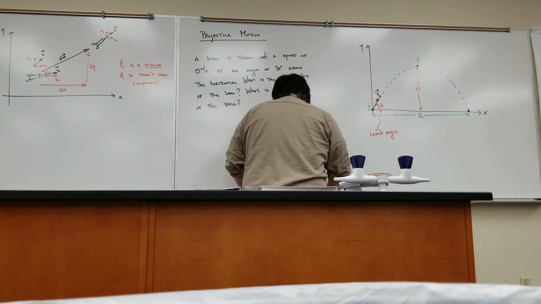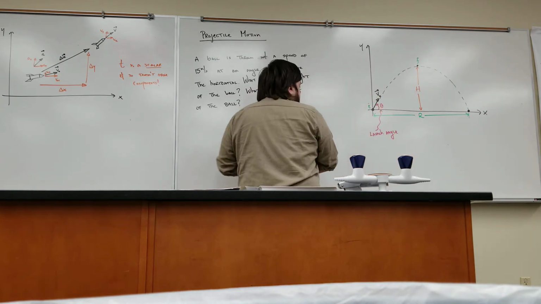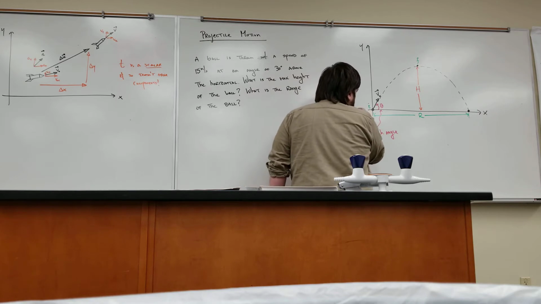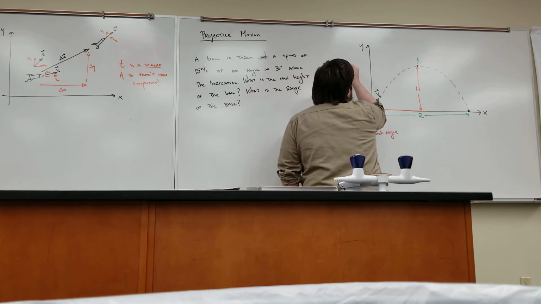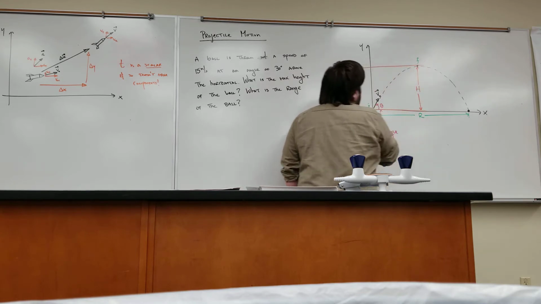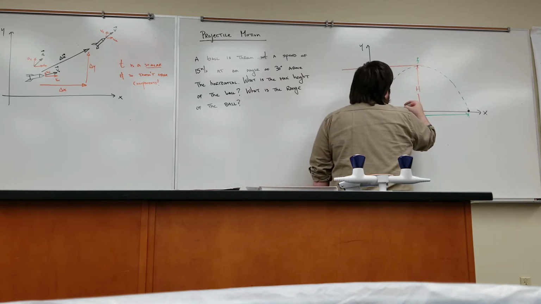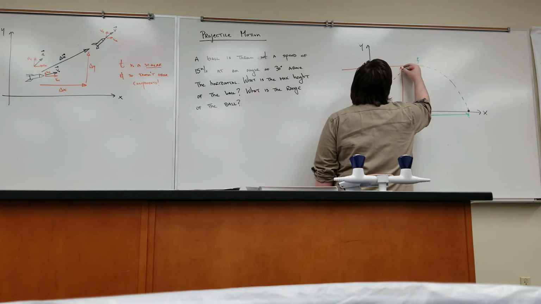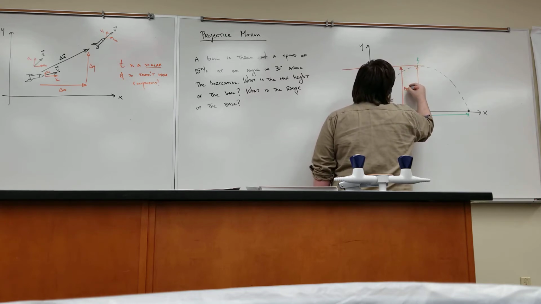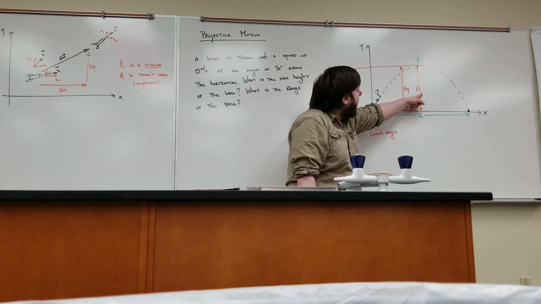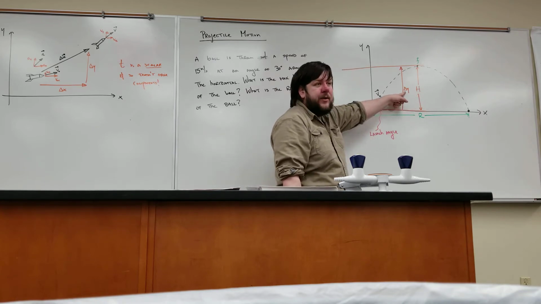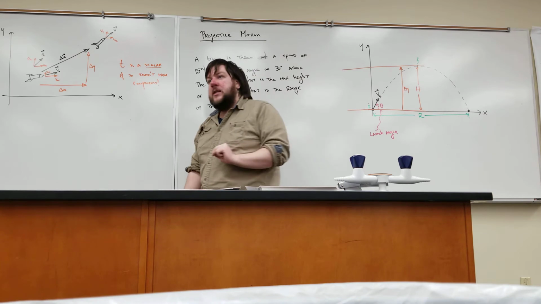But right now, if you look, the initial height is here, the final height is here, and so the displacement, delta y, looks like this. And clearly, the maximum height is going to equal the magnitude of the vertical displacement.